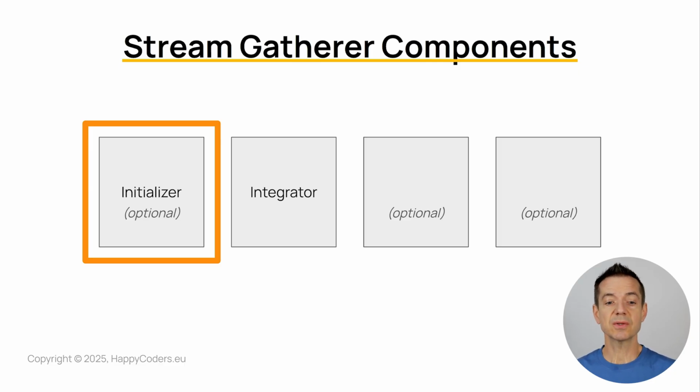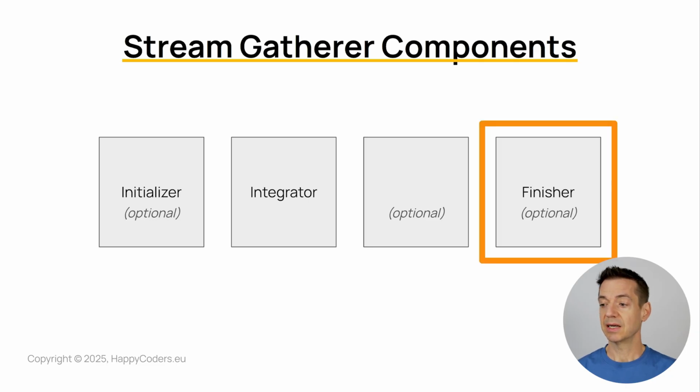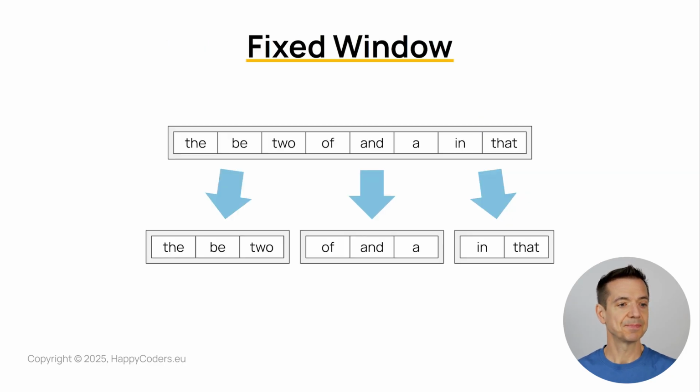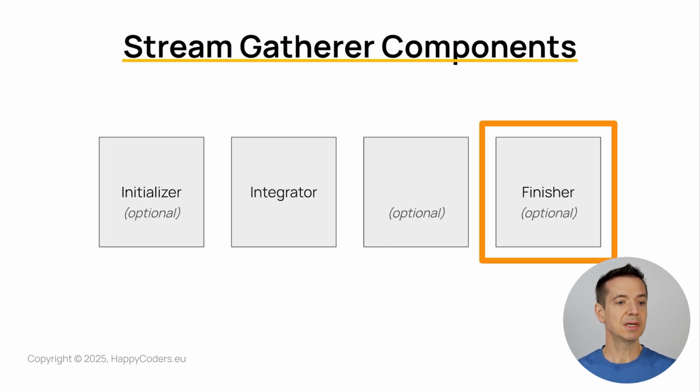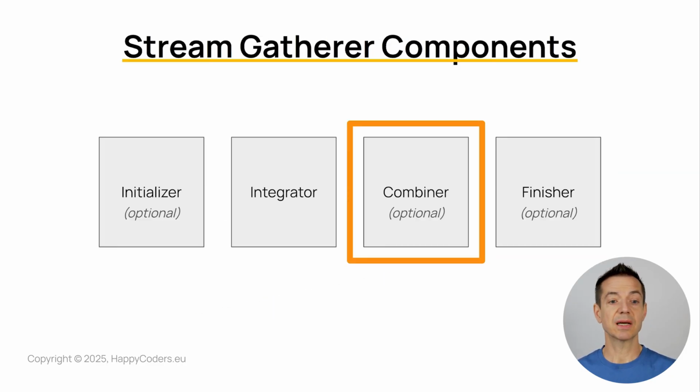Unfortunately, we also don't have enough time to look at the two remaining components. There's also the finisher. We need that when we want to push additional elements downstream after all elements have been processed. You need it, for example, in the window operation. I'll skip that for now. And there's also the combiner.